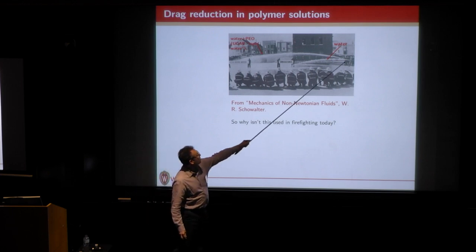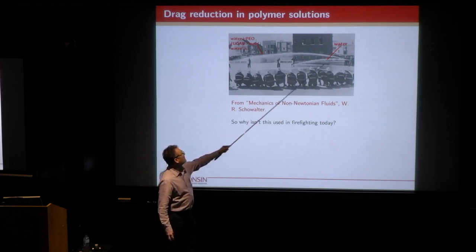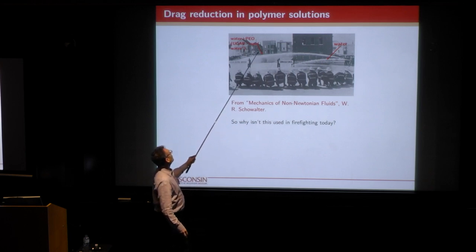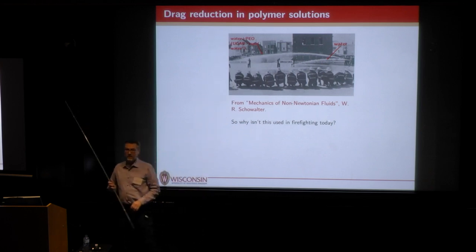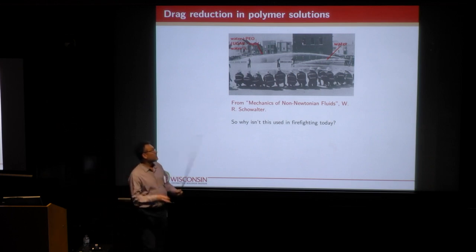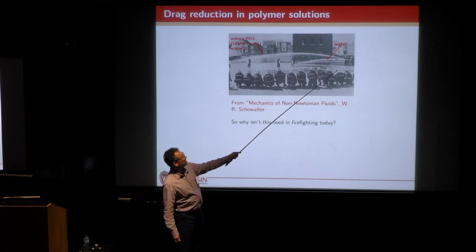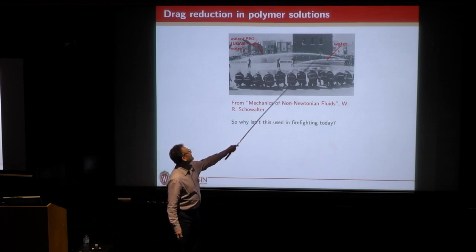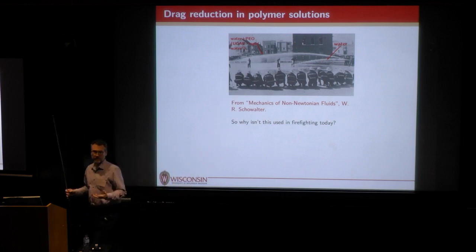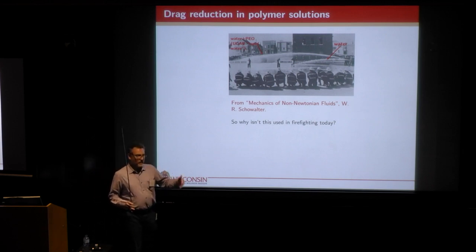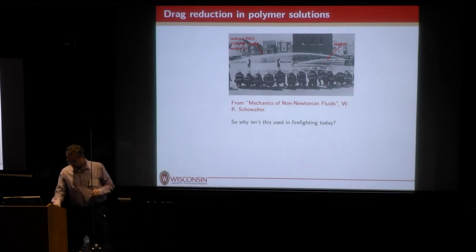You've got some firefighters over here, and here's the spray of water, and here's the spray of rapid water from Union Carbide. Presumably this is the same pressure drop. I hope they did the control right. You can see that the stream of rapid water goes much further than the stream of regular water. So that's a very clear visual indication of this drag reduction phenomenon.